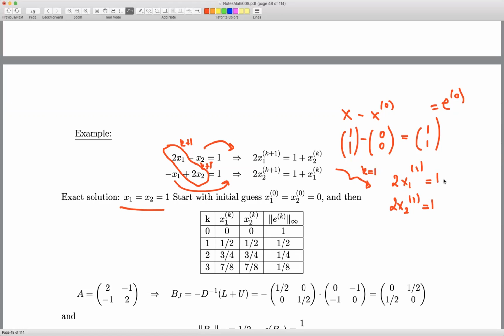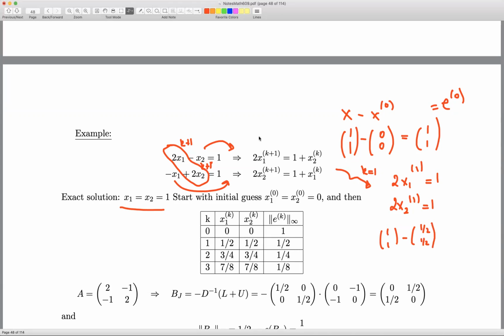So the new vector will have components 1 half, 1 half, the first and second components of x1. Then what will be the error? The error will be 1, 1 minus 1 half, 1 half, so the error will be the vector 1 half, 1 half. Therefore, the infinity norm of this vector will be 1 half.